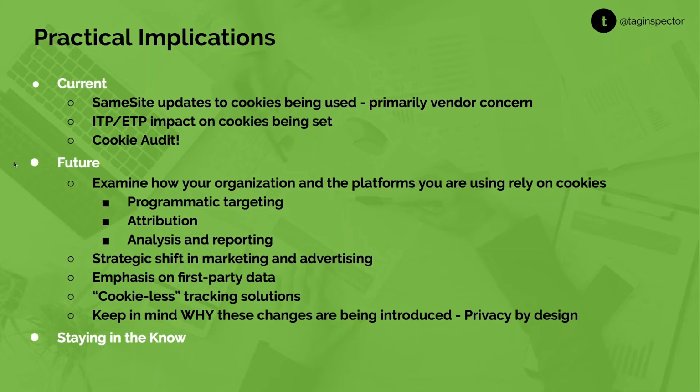The broader implications of a lot of these changes are for the future. One thing we're hearing quite a bit, and that's popping up, are some of those invasive workarounds to the replacement of cookies.